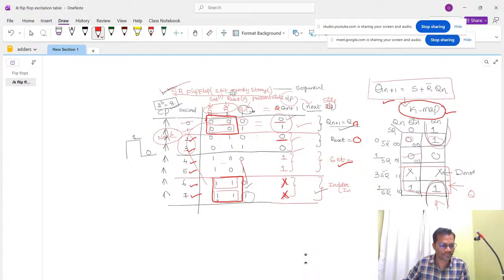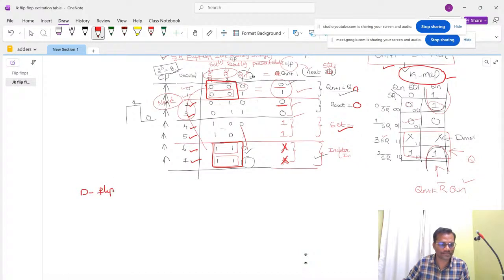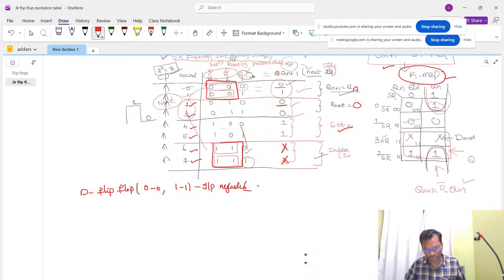So therefore, we are going to design a D flip flop where the 0 0 as well as 1 1 inputs can be neglected. I mean, these inputs are practically not useful.